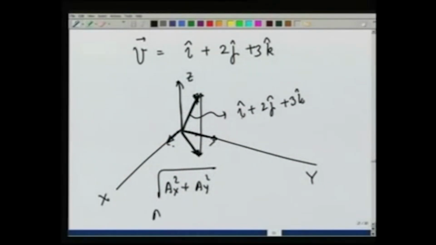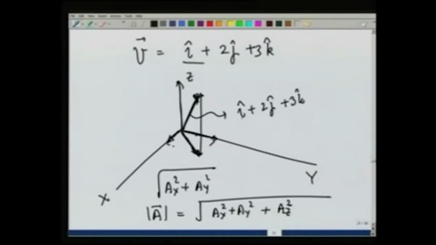So, the net magnitude would be square root of this component, which is a x square plus a y square, and then a perpendicular component a z, add them all up and take the square root. This is the magnitude of the vector, and you can see that direction is easily seen and visualized by making the vector using these unit vectors.